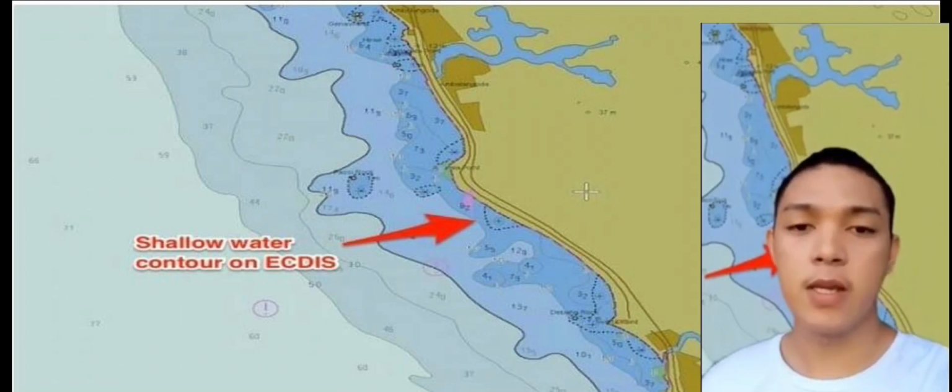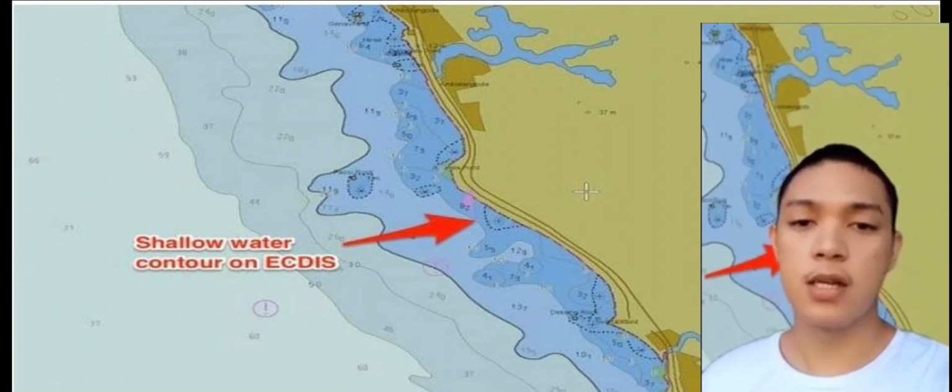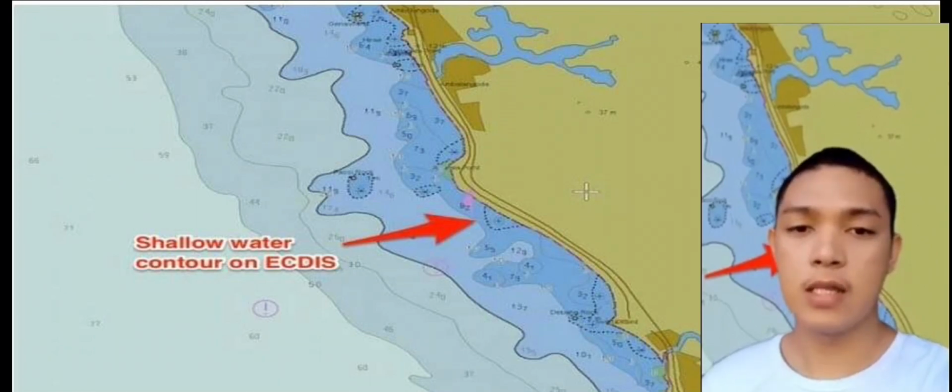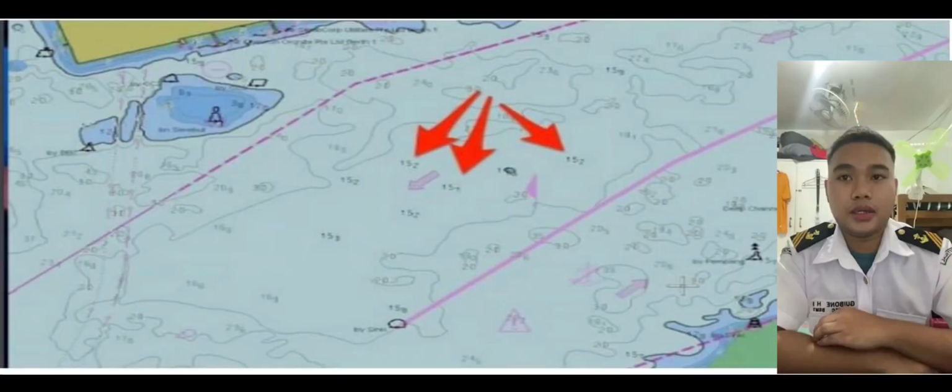The ECDIS will display the 10-meter contour line as the shallow contour. If the 10-meter contour is not available, it will take the next contour as the shallow contour for the vessel. The shallow contour lets the navigator know that between 0 meters deep and the shallow contour, the area is not navigable at all.